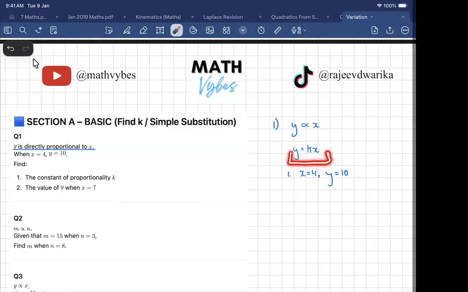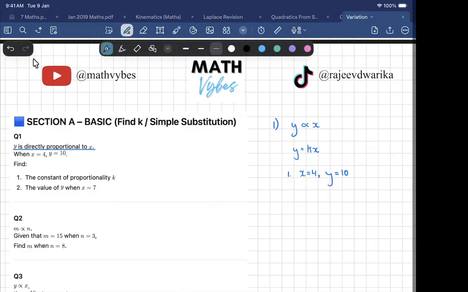You're seeing y, k, and x, but do we know what y and x are? Is there a way I could use the information given to make an equation where k is the only unknown? Then tell me what I would write.